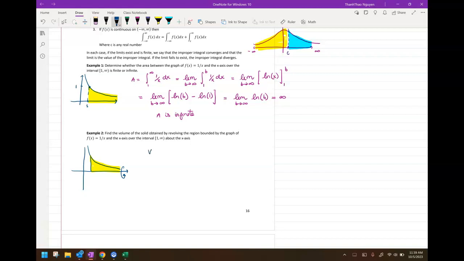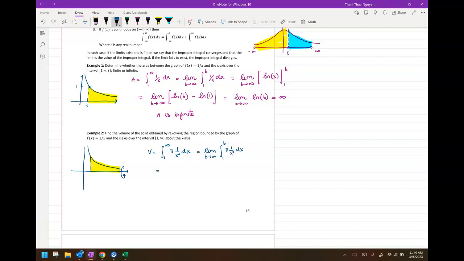So the volume is equal to the integral from 1 to infinity of pi times 1 over x squared dx. This is equal to the limit as b goes to infinity of the integral from 1 to b of pi times 1 over x squared dx.